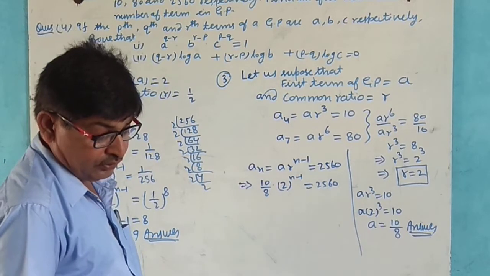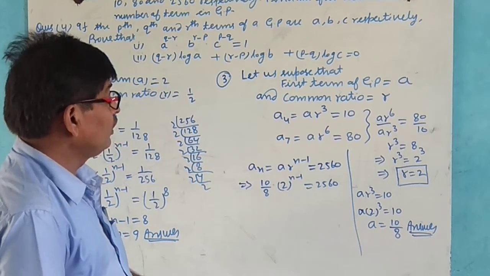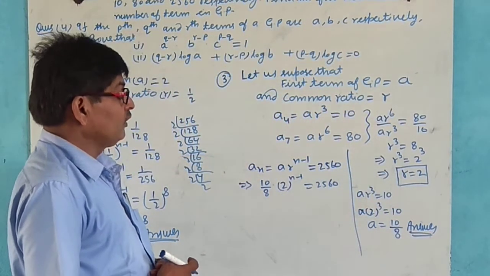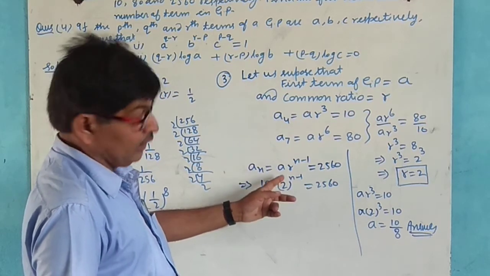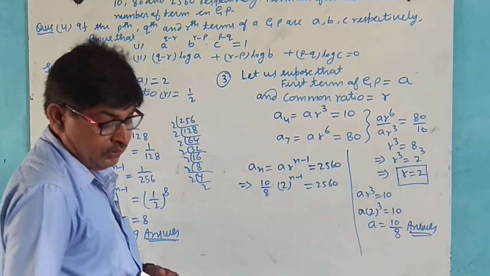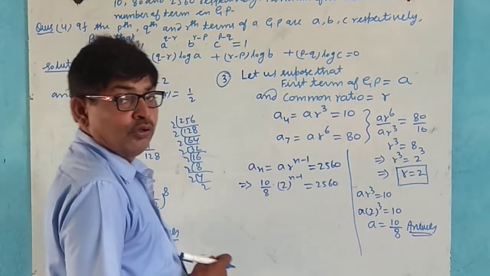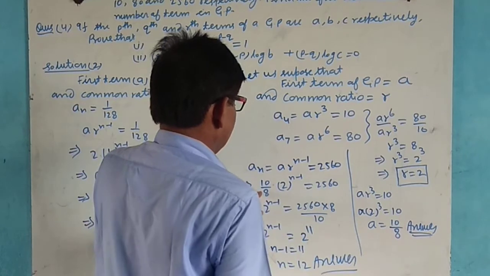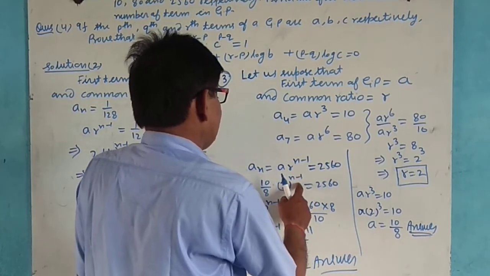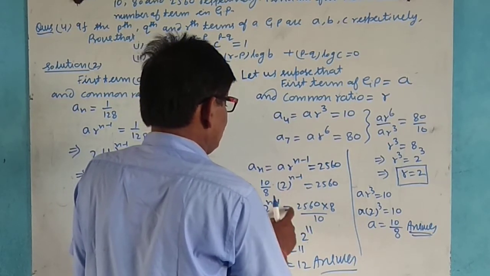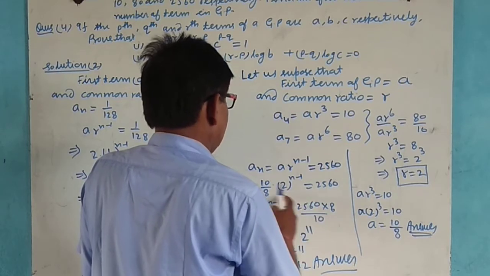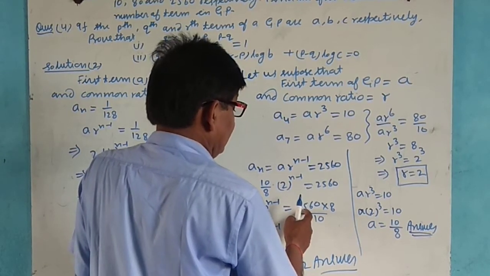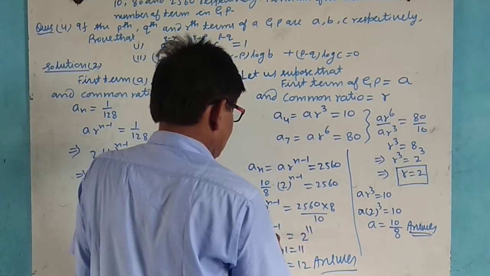So in this case 2 to the power n minus 1 equals 2560, where a equals 10 by 8 and r equals 2. The 8 comes over and the 10 is removed, and this is equal to 2 to the power 8 and 2 to the power 3, that is 2 to the power 11, equal to 2 to the power n minus 1.